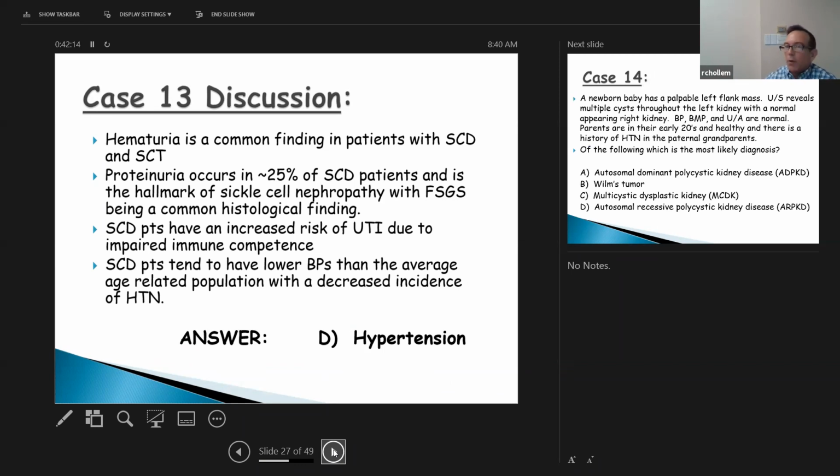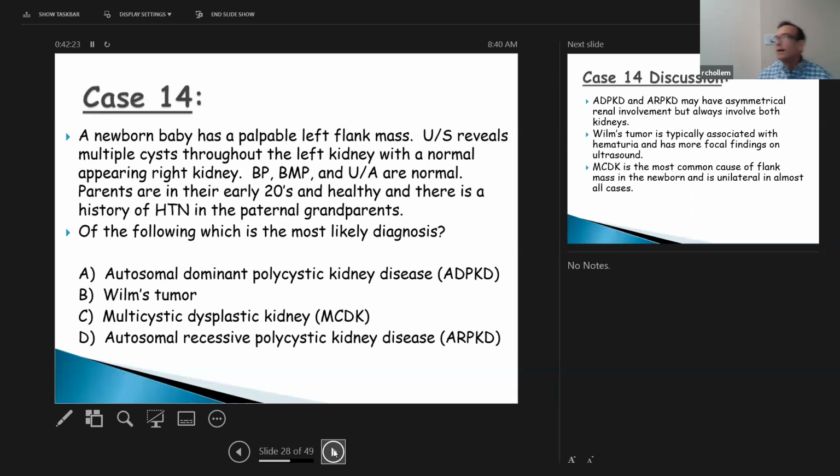They hyperfilter, they run low creatinines and have low blood pressures as a baseline. Yeah, I guess if they have pretty advanced sickle cell nephropathy, if it is FSGS, then they can get some, yeah. Yeah.